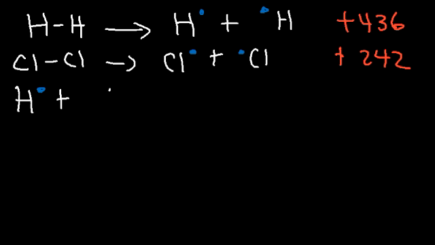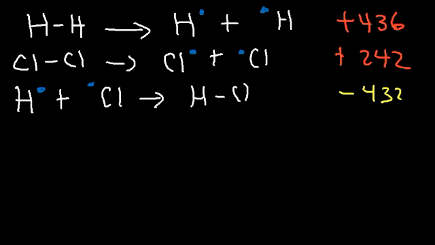Whenever you form a bond, energy is released. And so we're going to get HCl. And the bond dissociation energy for HCl was 432. But it's going to be negative 432 because the bond is forming, and so that's exothermic. Whenever a bond forms, it releases energy.